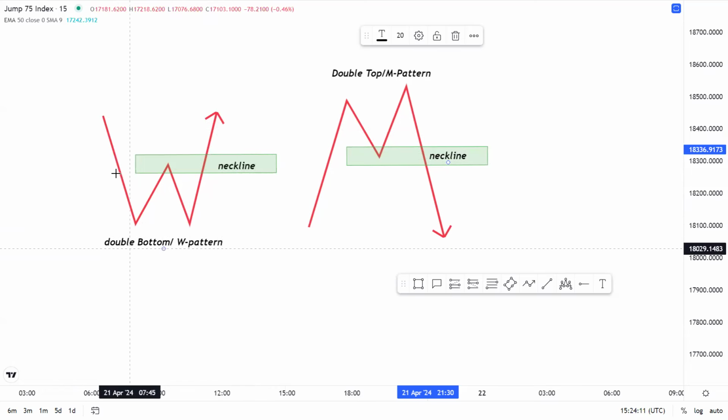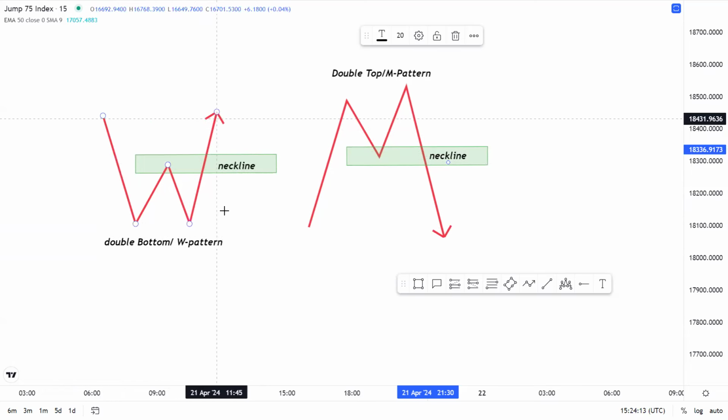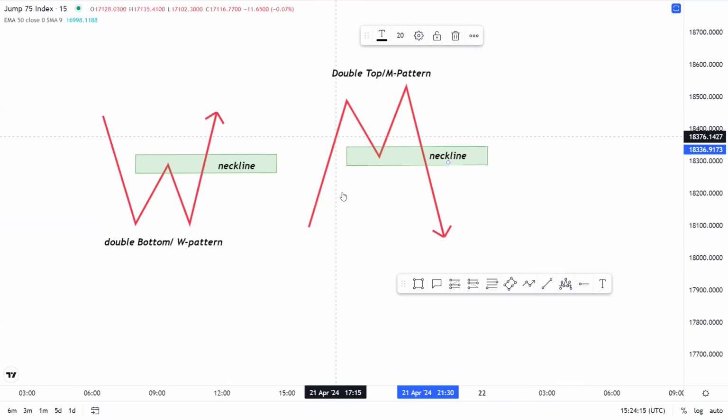Obviously, the double bottom pattern is a buy reversal chart pattern, whilst the double top pattern, the M pattern, is a sell reversal chart pattern. So the best time to get in on the sell trade, having fully identified a potential M pattern, would be when once we have a confirmed M pattern.